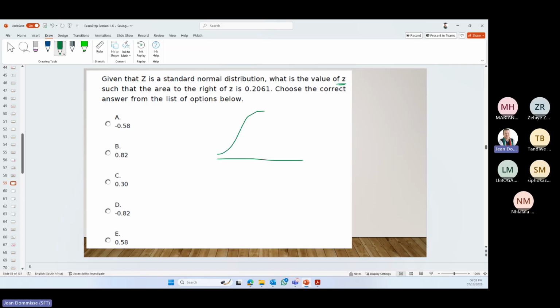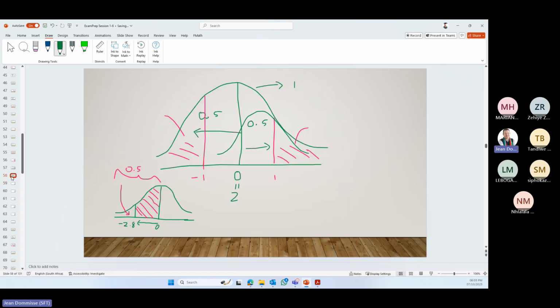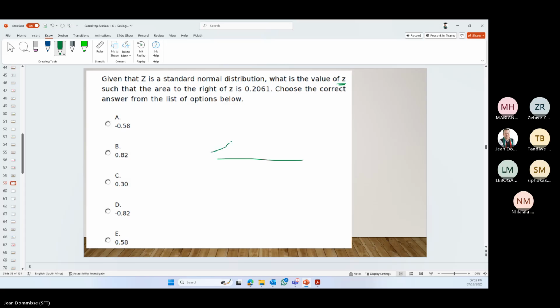So let's draw this. And you guys will see, it always is for me simpler when I draw the graph to see what they are looking for.